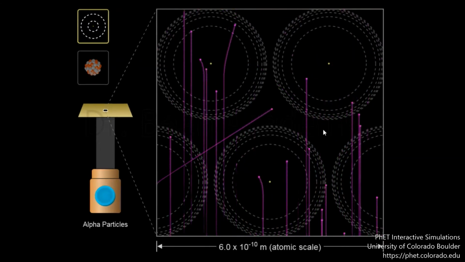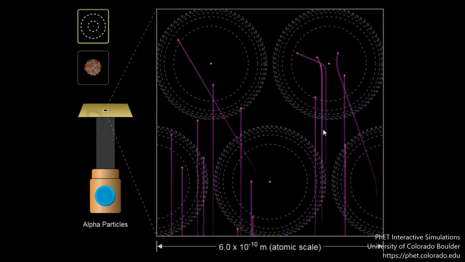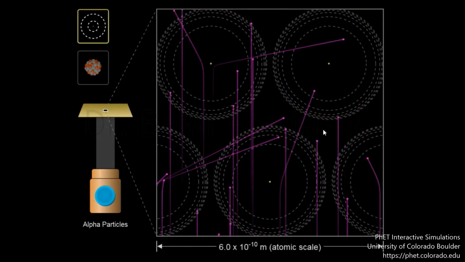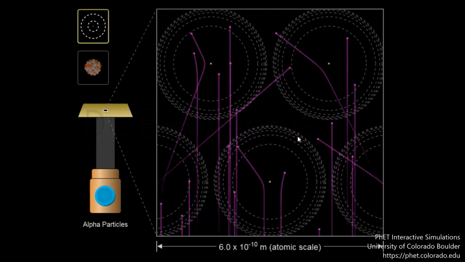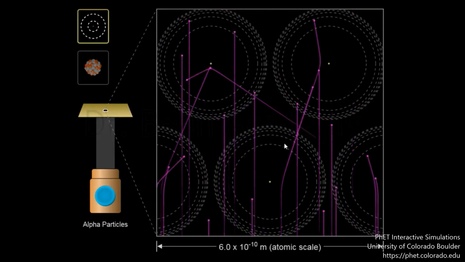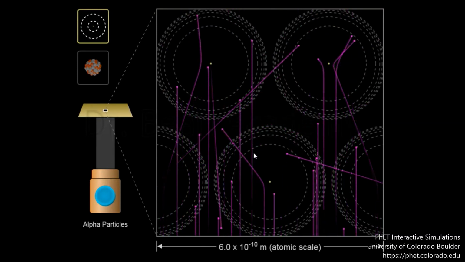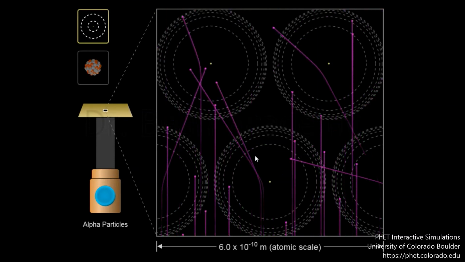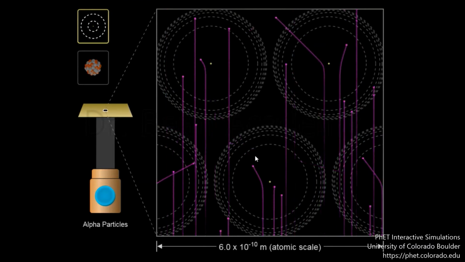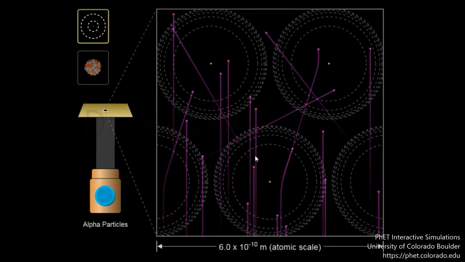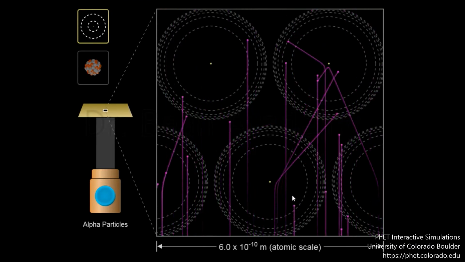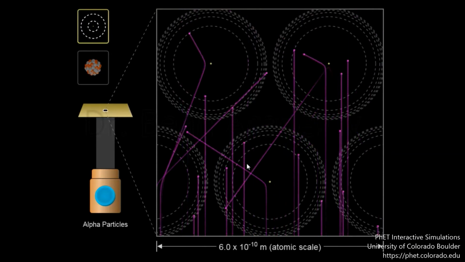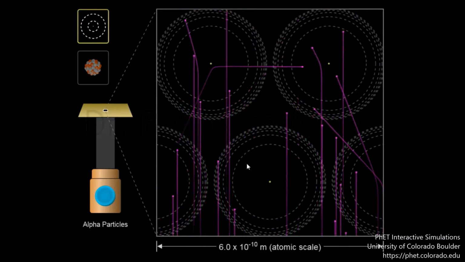But what he observed was that a small fraction of the alpha particles were deflected. So you can see that they are deflected at certain angles. Some are deflected at higher angles, some at lower angles, but they are deflected. And he knew at that time that alpha particles were positively charged.